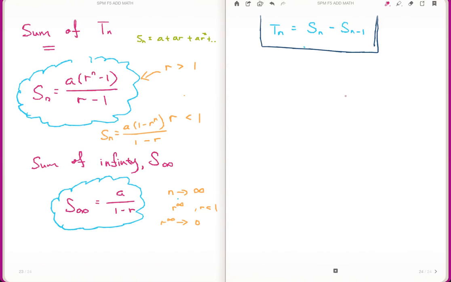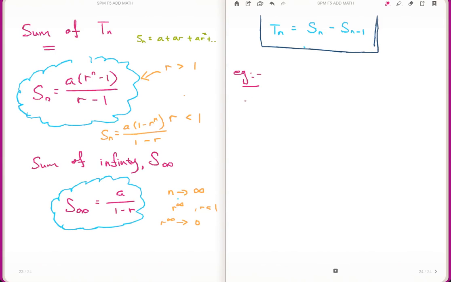Now next, I'm going to show you an example. What does sum to infinity mean, and when will you need to use it? It is used on decimals. Example: recurring decimals. Convert a recurring decimal to a fraction in the simplest form.